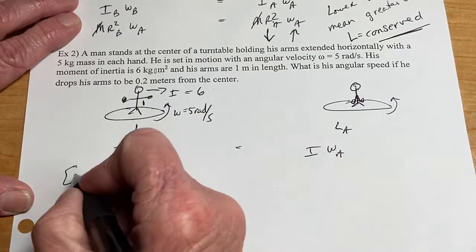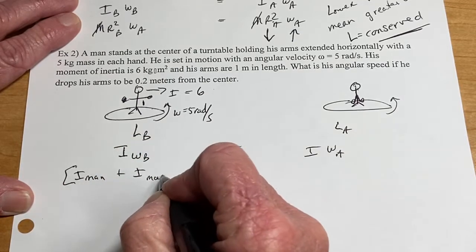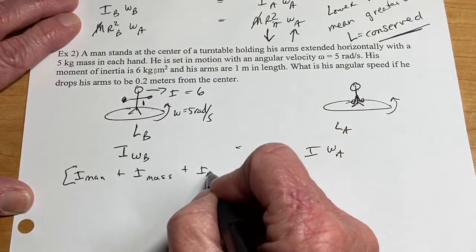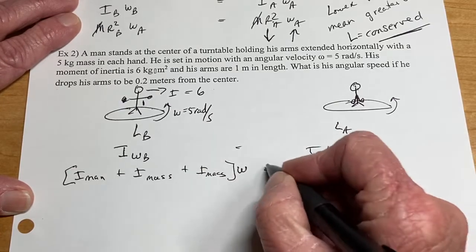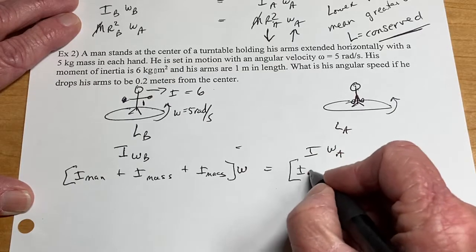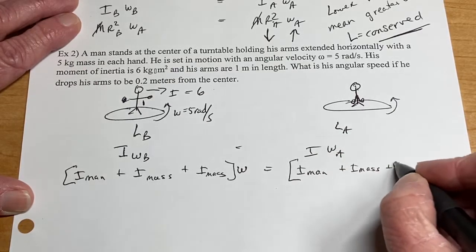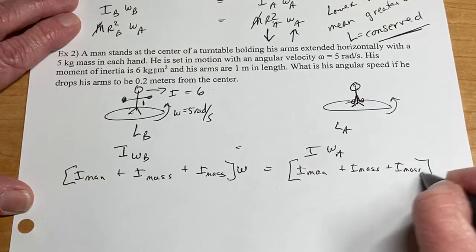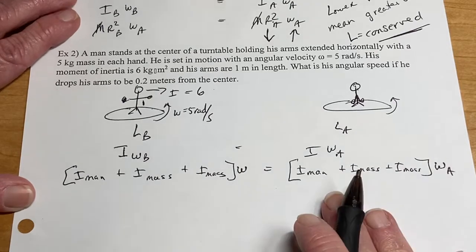So we have I of the man plus I of the first mass, I know they're identical, plus I of the second mass, times omega equals, same thing over here, I of the man, I of the mass, I of the mass, times omega after.